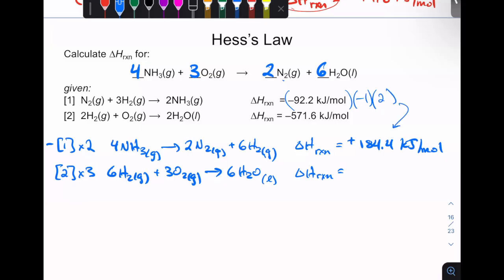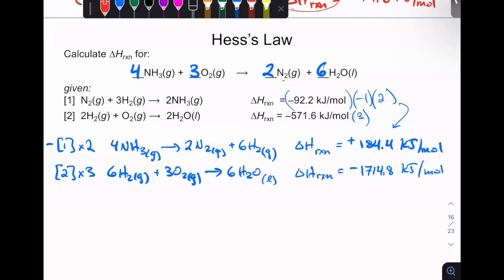That gives us this number. And for the second one, we're just going to multiply it by 3. So I should be able to do that in my head as well, but I don't want to embarrass myself. So 571.6 times 3 is 1714.8, and that's a negative 1714.8 kilojoules per mole.